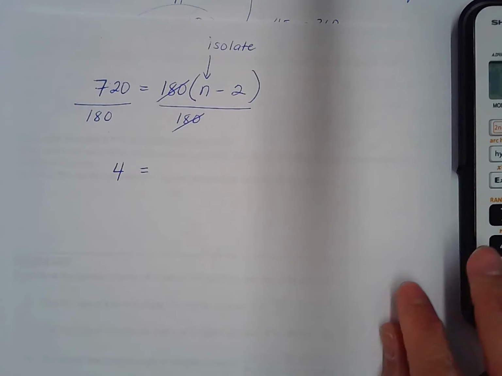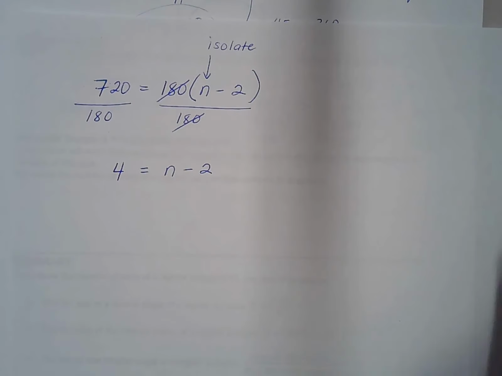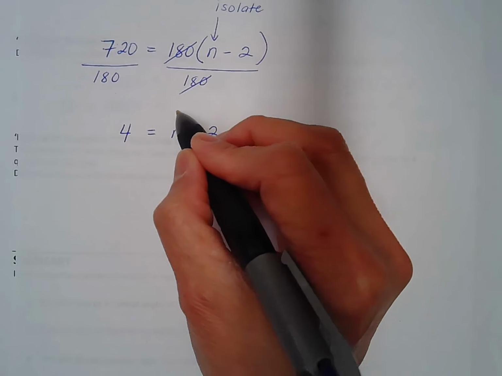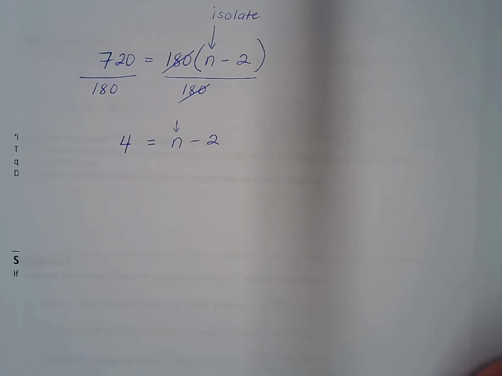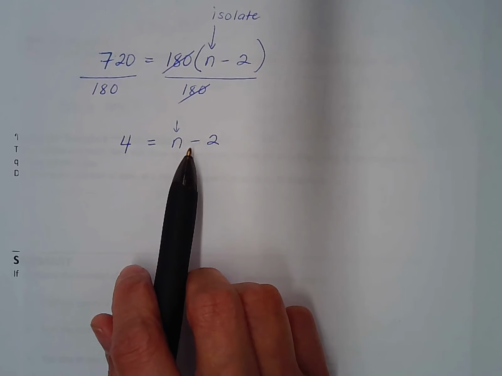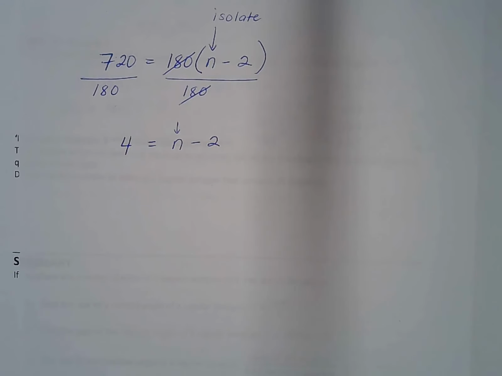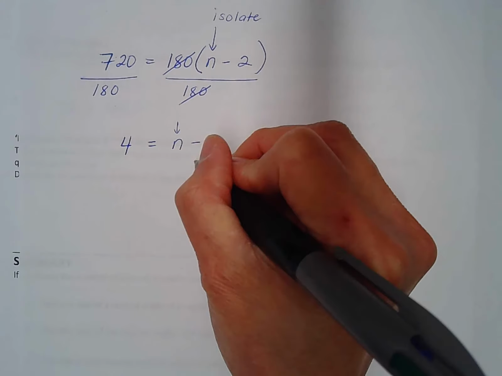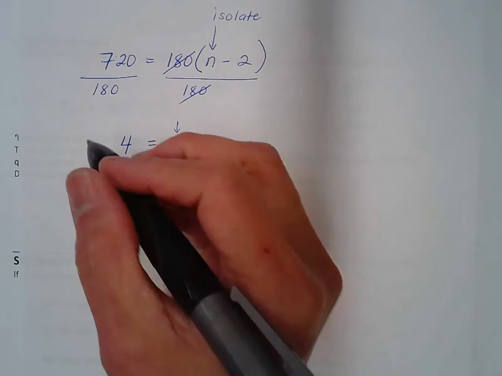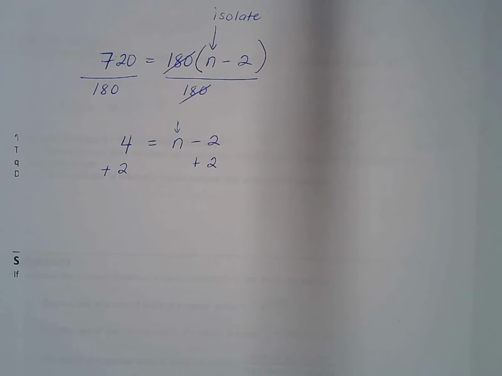So 4 equals n minus 2. Now, the n is not quite alone yet. It's not isolated yet. What's happening to n? N is getting subtracted by 2. To get rid of that, we have to do the opposite: add 2. And if I add 2 here, we have to add 2 to the other side to maintain the balance.